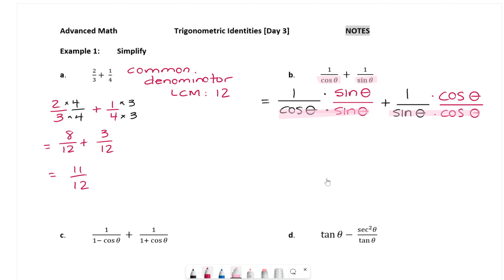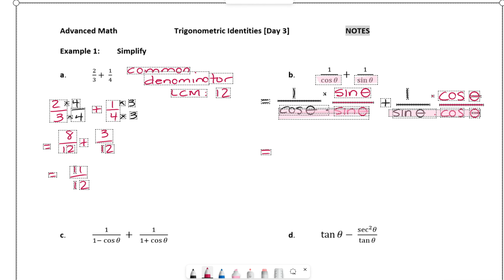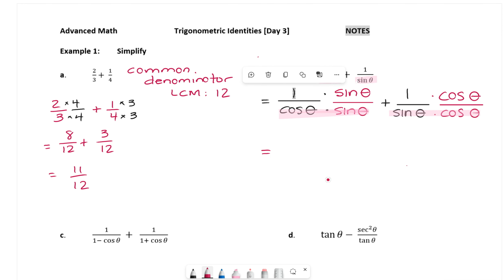So we are able to combine these. Multiply the numerator values of 1 times sine, and that just ends up being sine theta, and multiply the numerators 1 times cosine, I need to put the plus, cosine theta, and I can put the answers over the common denominator.